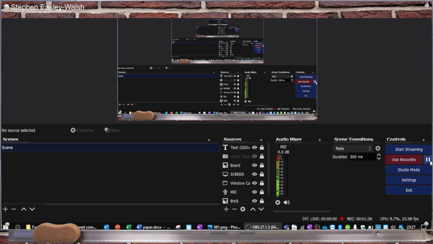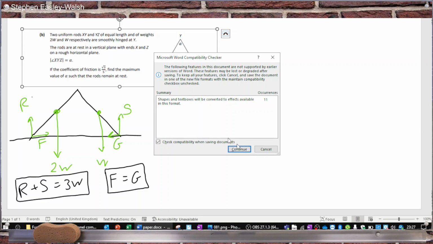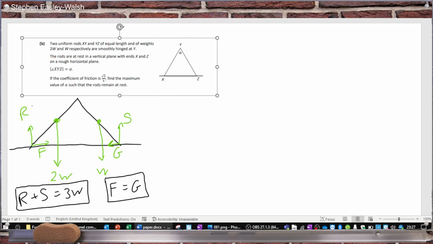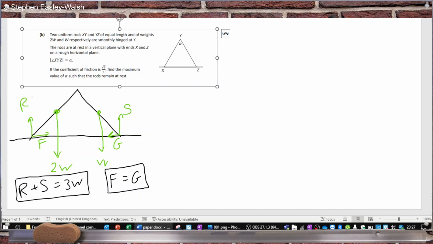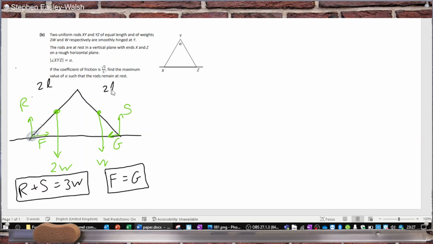So again, doing what was suggested, taking the moments here, here, we'll call the rod, we'll say the rod has a length of 2L, and we'll split this down the middle.